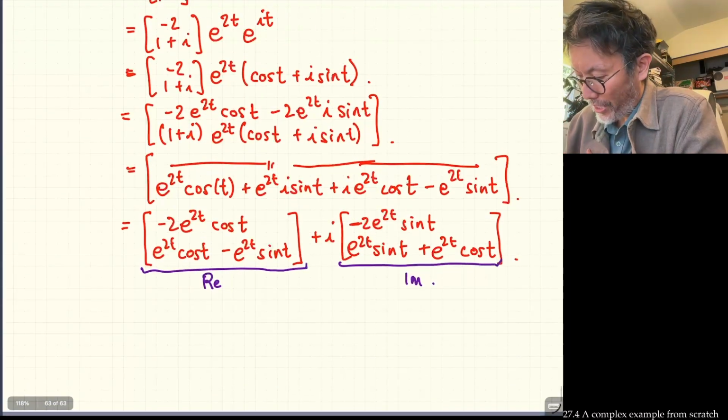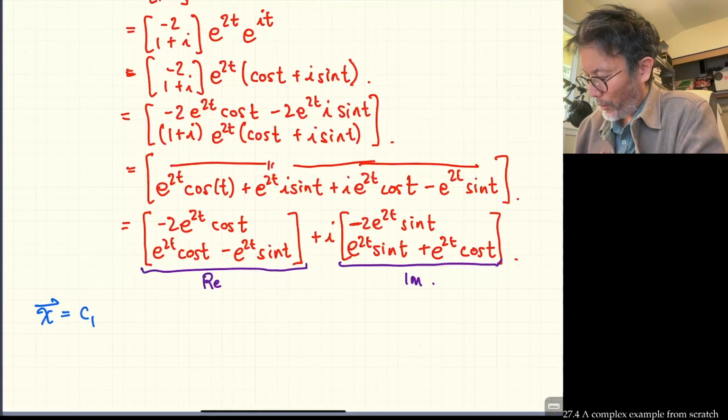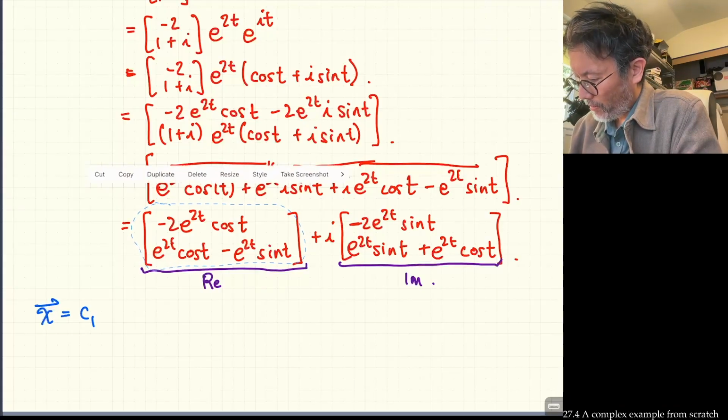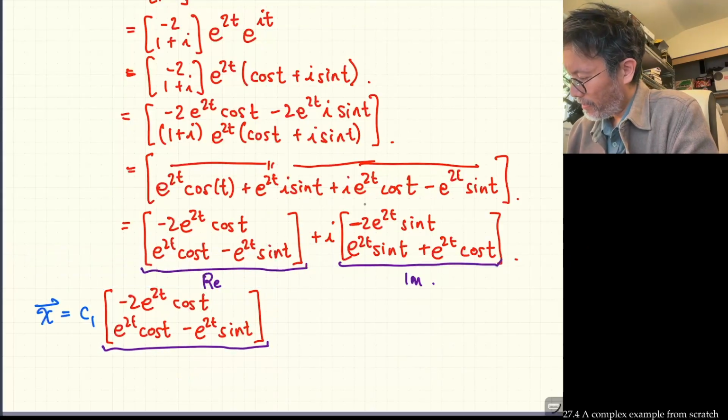And now I'm ready to write down the general solution. X is equal to C1 times that real part. Oh my God, I'm on an iPad. I'll erase that purple line in a second. Plus C2 times this part.